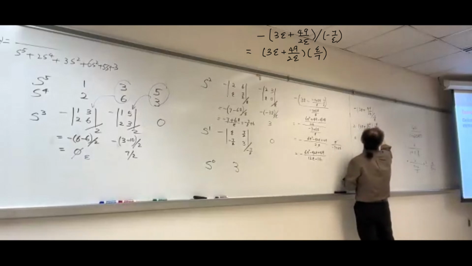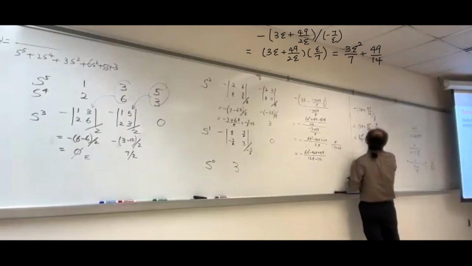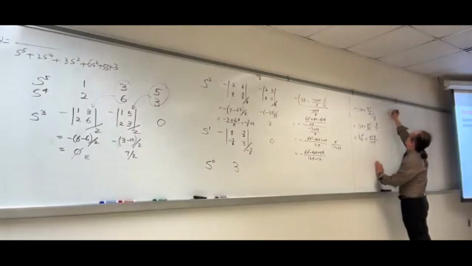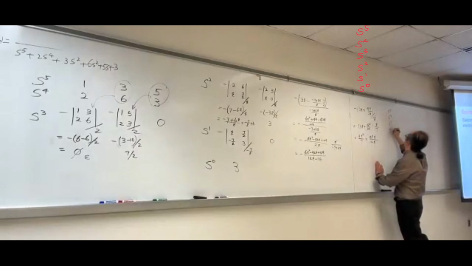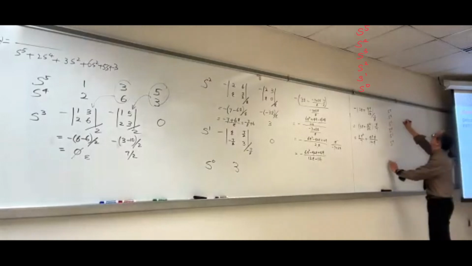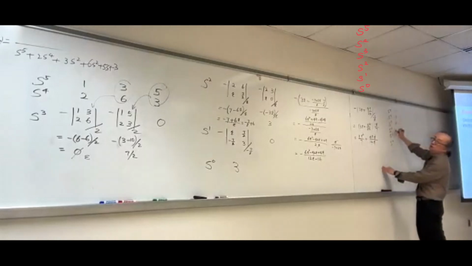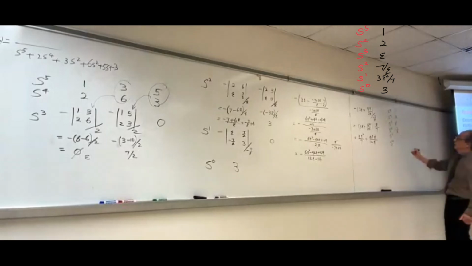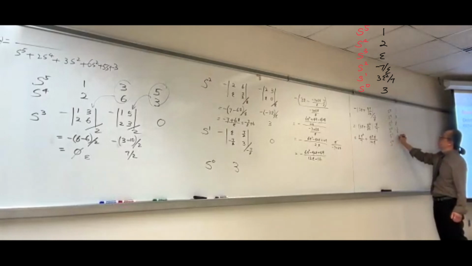And if we multiply, that is 3 epsilon squared over 7 plus 49 epsilon over 14 epsilon, which cancels out. Then we have S5, S4, S3, S2, S1, S0. S5 is what? 1, 2 epsilon. 1, 2 epsilon for S squared. We have minus 7 over epsilon. And then S1, we have 3 epsilon squared over 7, and S0 is 3.